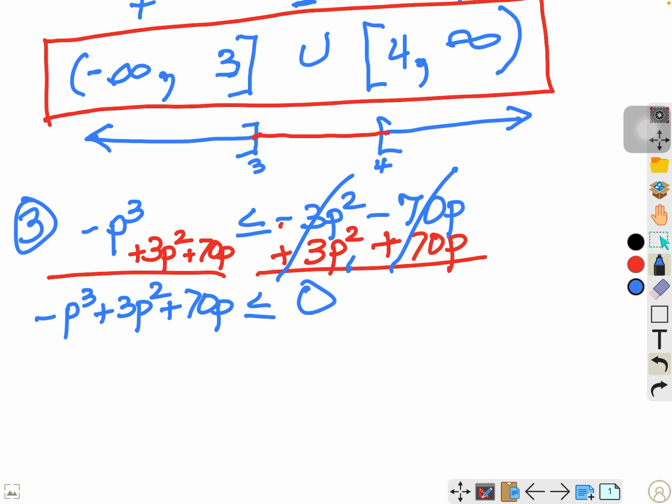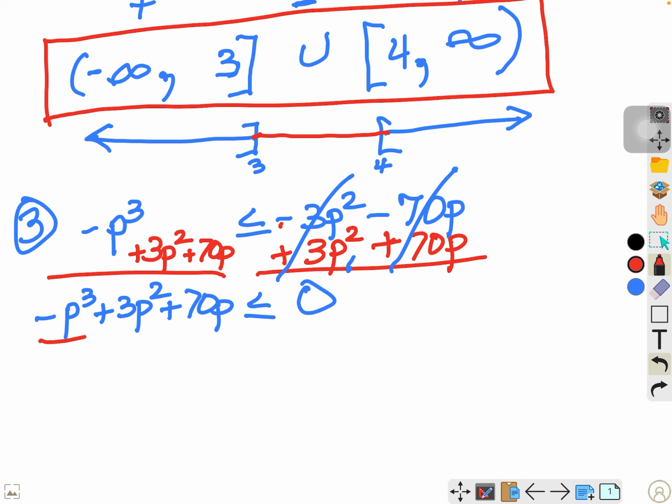And then now I notice what I can factor out. I can factor out a p, and I can also factor out a negative p. So I want to do that because I want to leave a polynomial leading with a positive coefficient.